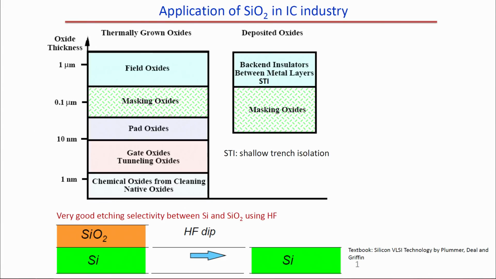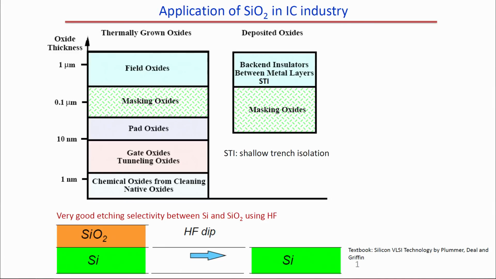So, we have also seen that for fabricating any sensor, including MOSFETs, we need oxides. It can be gate oxide, field oxide, or masking oxide, and based on the application of the oxide we are using, we can use different thicknesses of oxide.